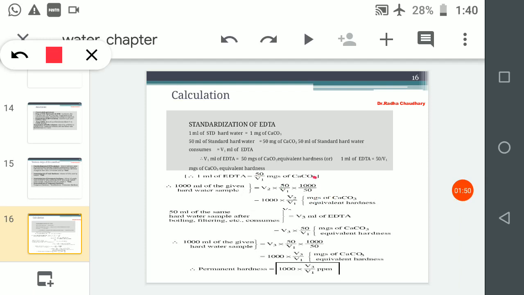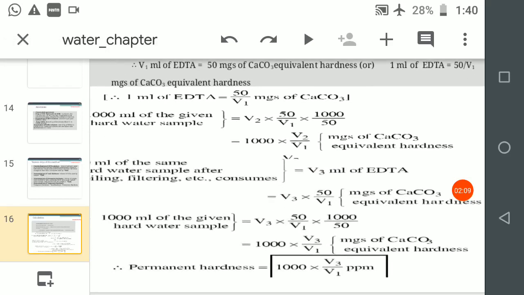Then there is a cancellation of 50 upon 50, because this hardness is present in 50 ml of water. So we can find 1000 ml. So 1000 into V2 upon V1. So total hardness is 1000 into V2 upon V1 ppm.